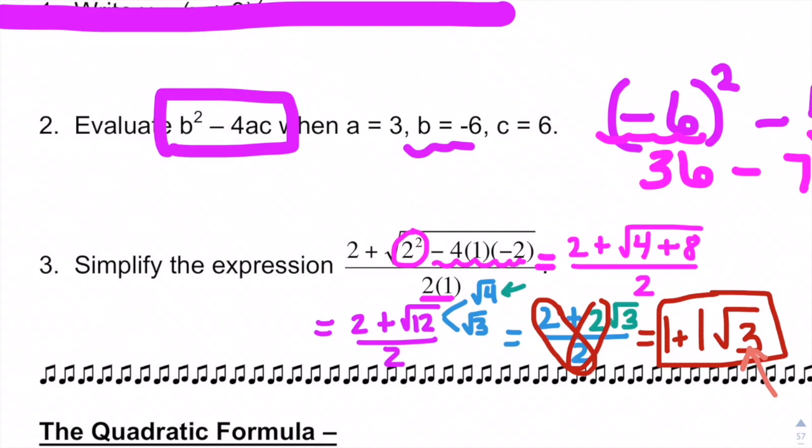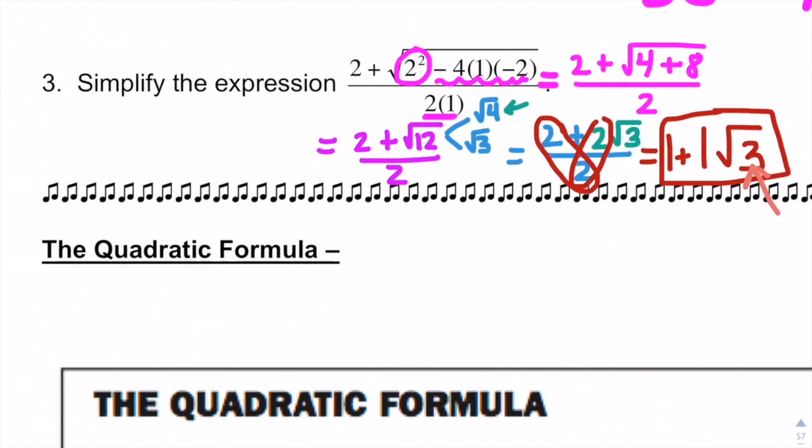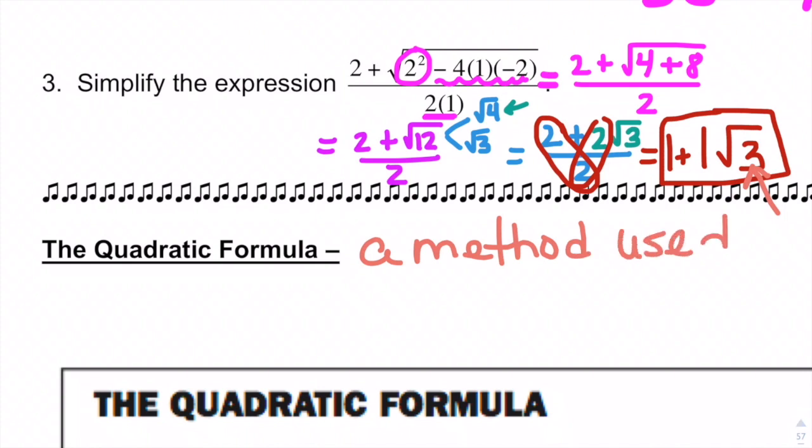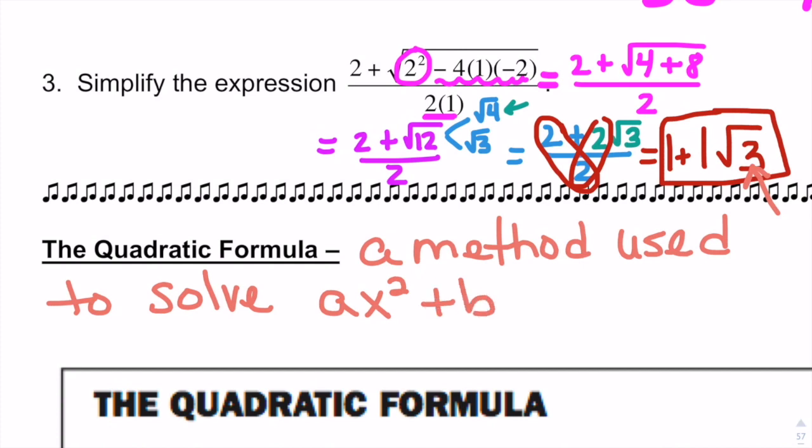We're going to look at problems similar to this today and talk about the quadratic formula. So the quadratic formula is a method used to solve quadratic equations. And the quadratic equations we're looking at are in the form ax squared plus bx plus c equals 0.